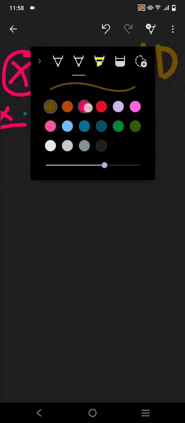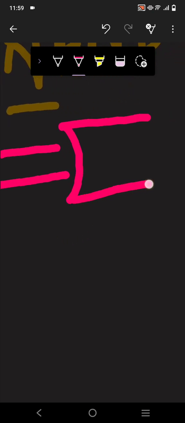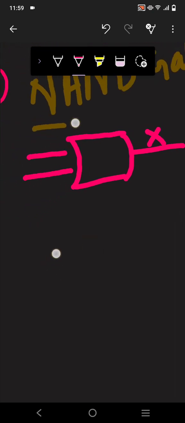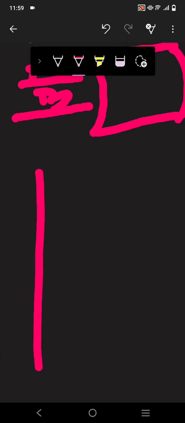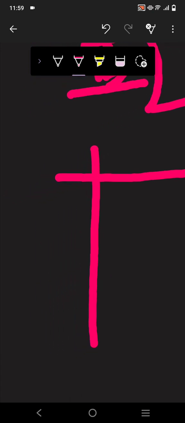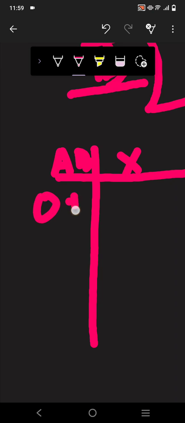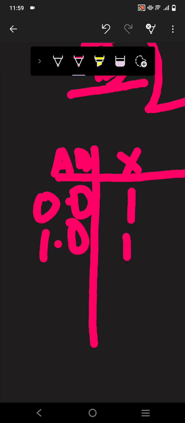So let's see how this is the reciprocal. Here two inputs are going, and in the result we are getting one output, that is x. I'm making the truth table over here. A, B, x. 0 multiplied by 0, we know it's 0, but it's the reciprocal, so we'll be placing 1. 1 multiplied by 0, we know it's 0, so we'll be placing 1 because it's a reciprocal.